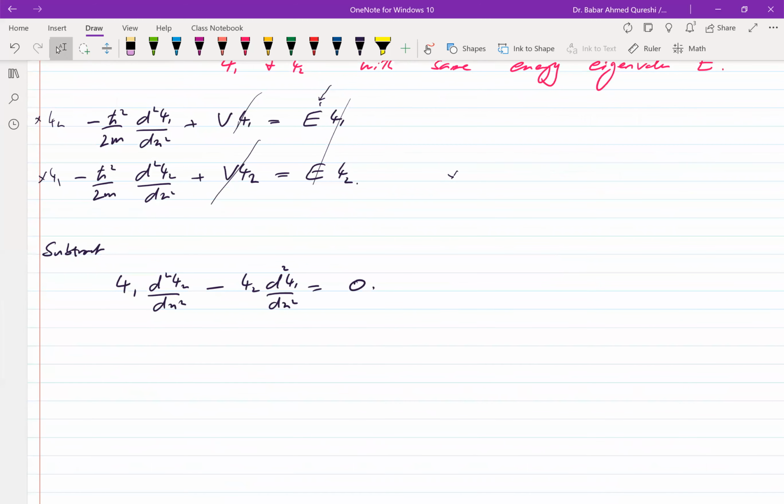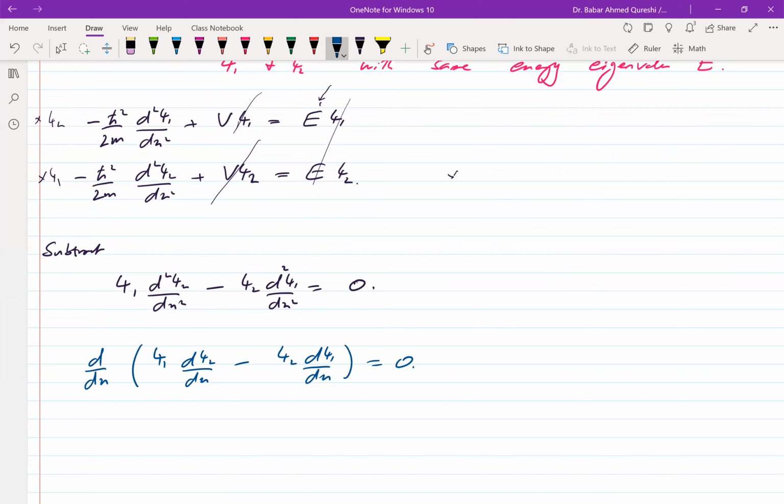This I can write as d by dx of (psi 1 d psi 2 over dx minus psi 2 d psi 1 over dx) is equal to 0.